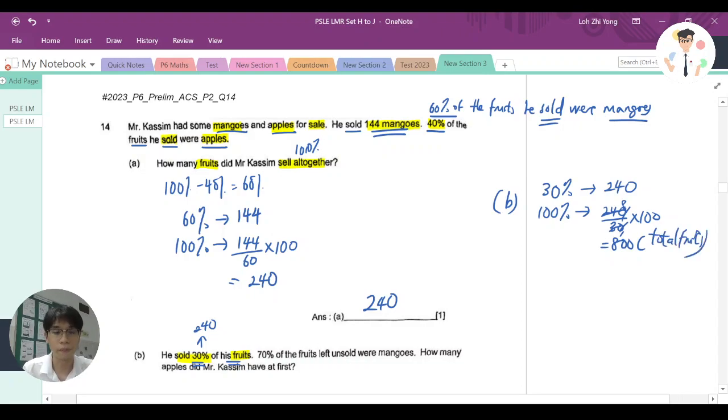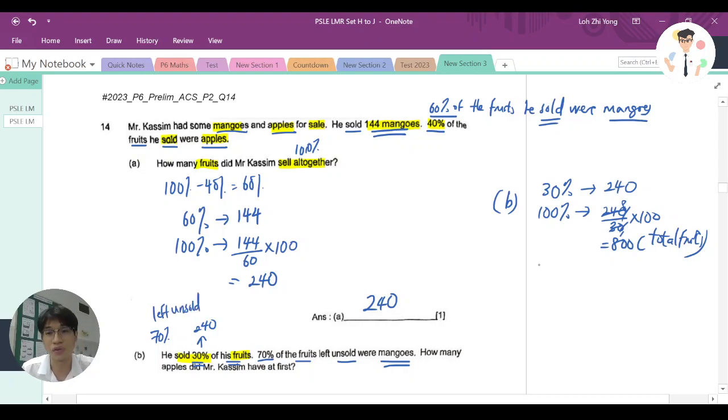Okay, now continue. 70% of the fruits left unsold were mangoes. Now, before talking about this, let's look back again at the highlighted part. He sold 30% of his fruit, right? Which means another 70% is left unsold.